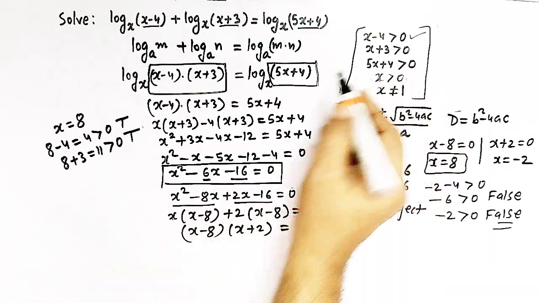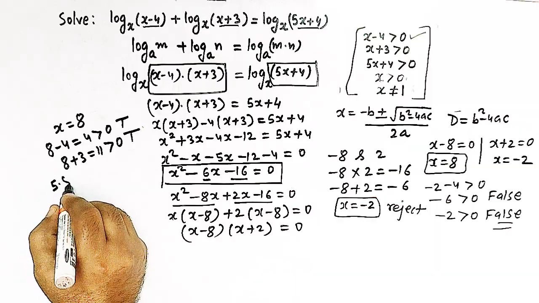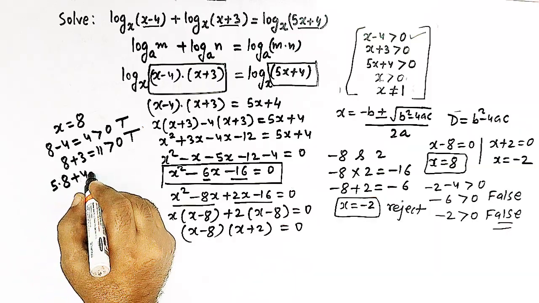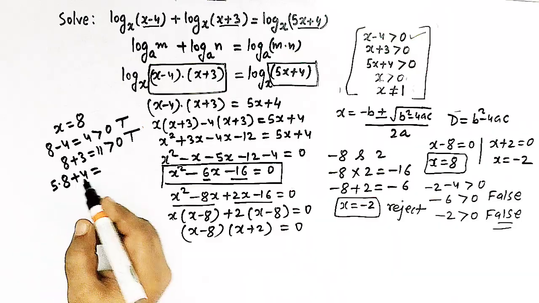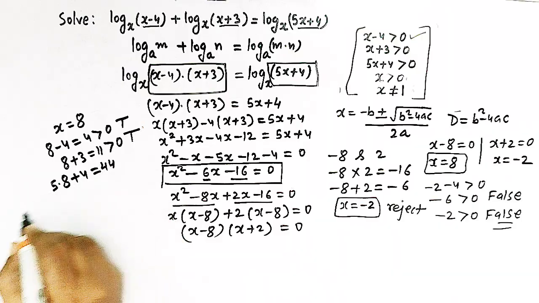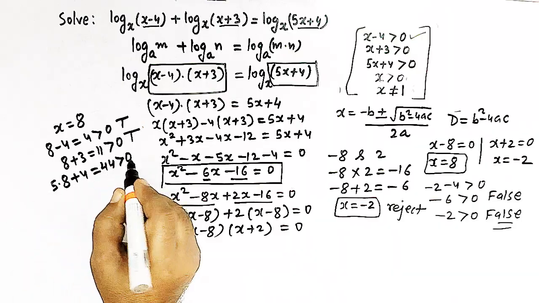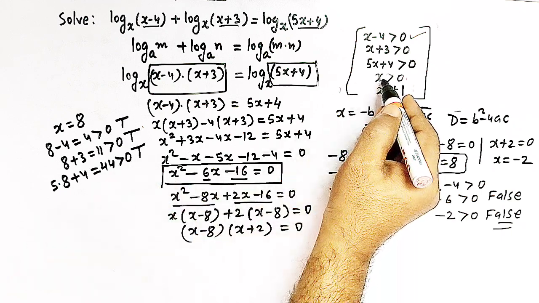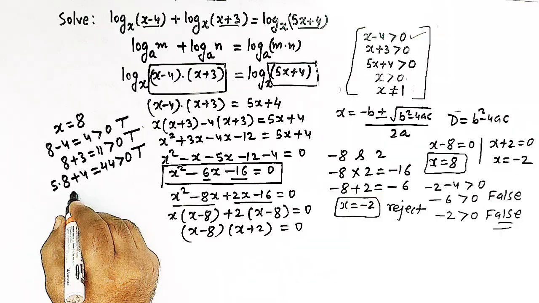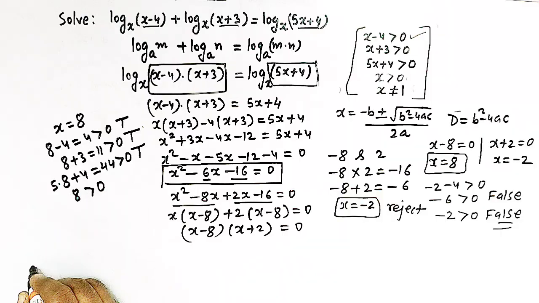And similarly here we have 5 times 8 plus 4, that is 5 times 8 is 40, 40 plus 4 is 44, and 44 is obviously greater than 0. This is again a true statement. And here we have x greater than 0, so 8 is greater than 0, which is again a true statement.